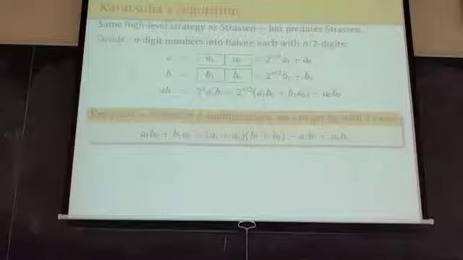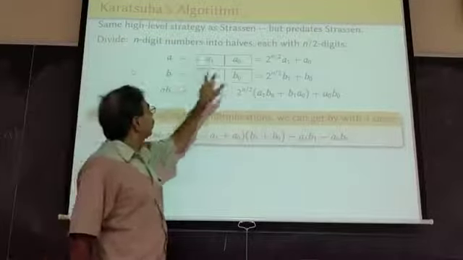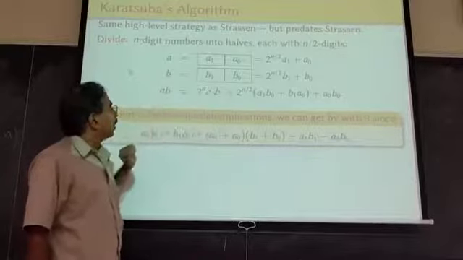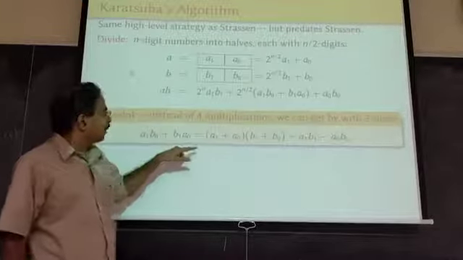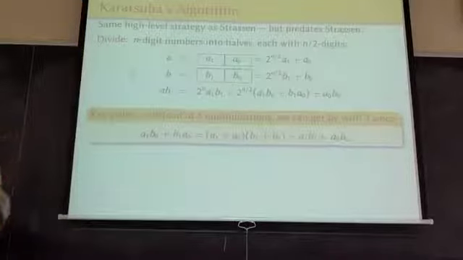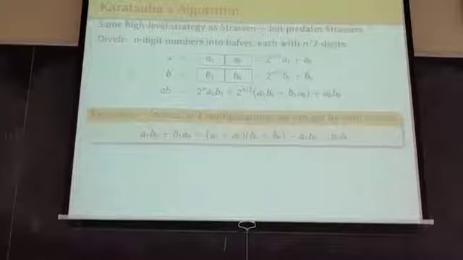Then we said we could apply the same technique to integer multiplication, where we divide each integer into 2 smaller halves, and then again the naive multiplication would have 4 multiplications on n by 2 bits, which unfortunately will again have the same n squared complexity.